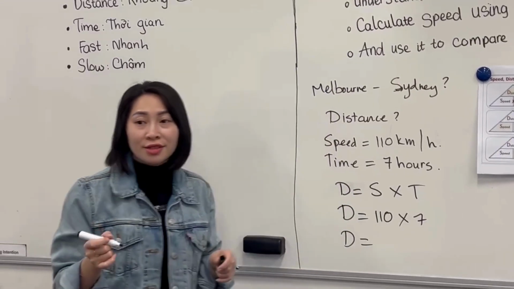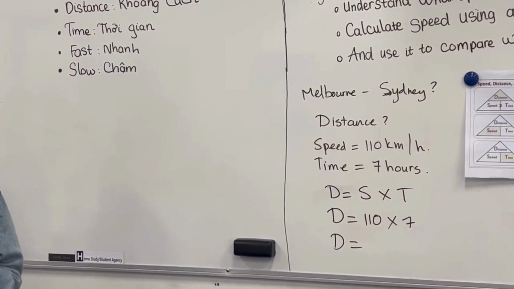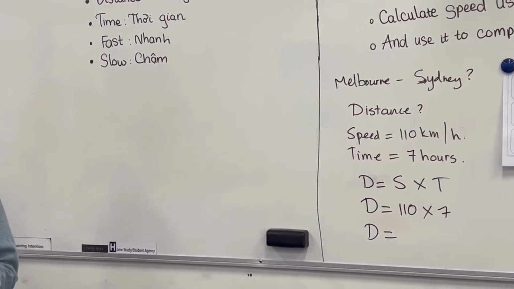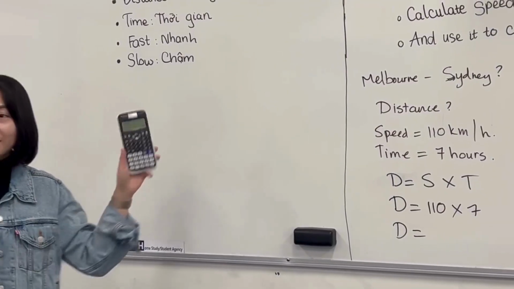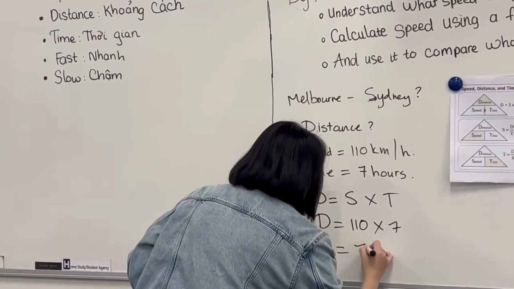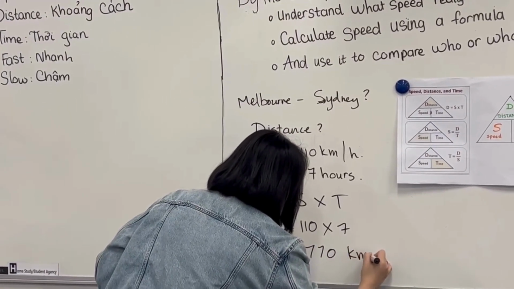Everyone use a calculator or give me an answer. How much for this one? We do it together, okay? I got 770. Good, I have exactly the same. 770 kilometers.